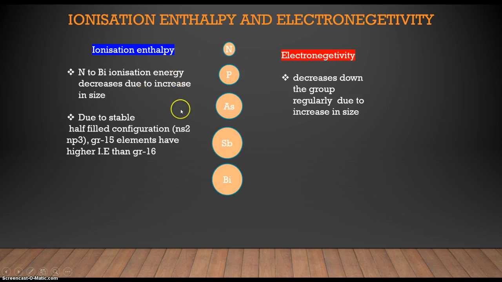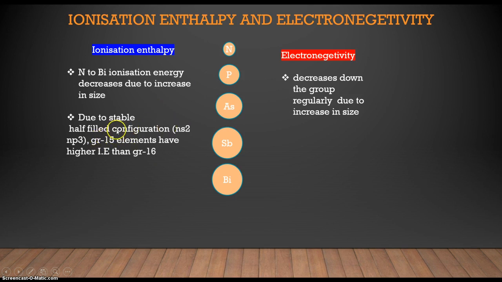Now, one thing is very important here: our general expectation is that group 15 elements will exhibit a lower ionization enthalpy than group 16 elements, because as we have learned in class 11, from left to right in the periodic table the ionization enthalpy increases.